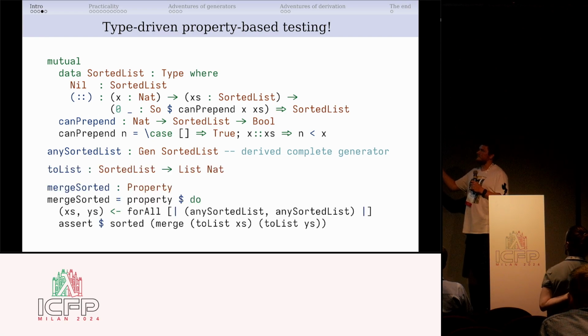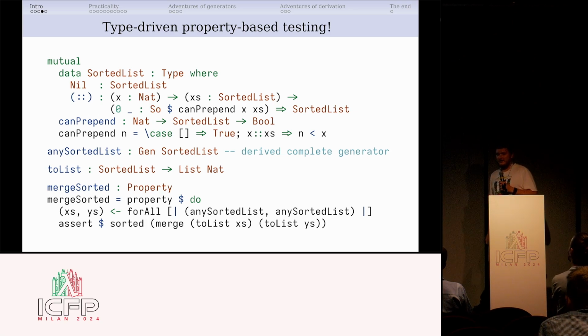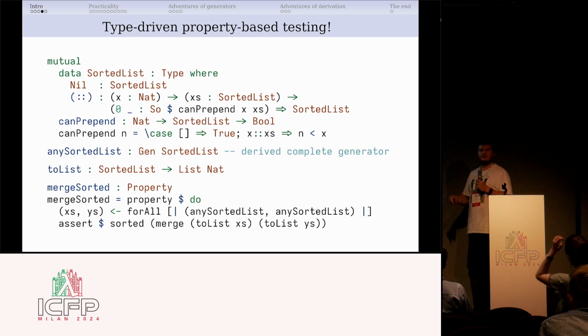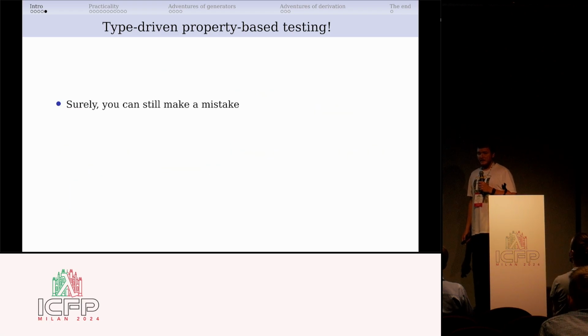If we had some machinery to derive the complete and nicely distributed generator, then we can simply write our property for testing the merge function using this generator, with some conversions. I mean, surely it won't work for free.